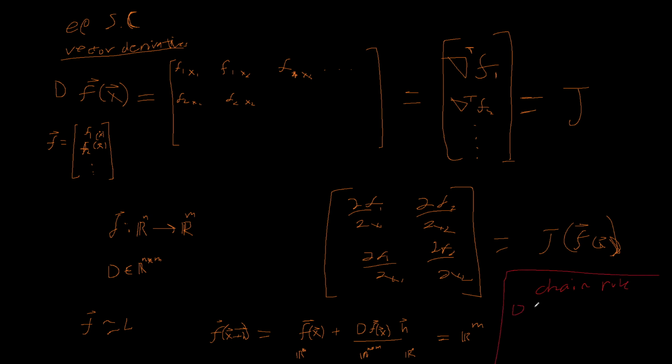We have the total derivative of f of g of x. This is equal to the total derivative of f at g of x times the total derivative of g of x. This becomes a matrix multiplication.